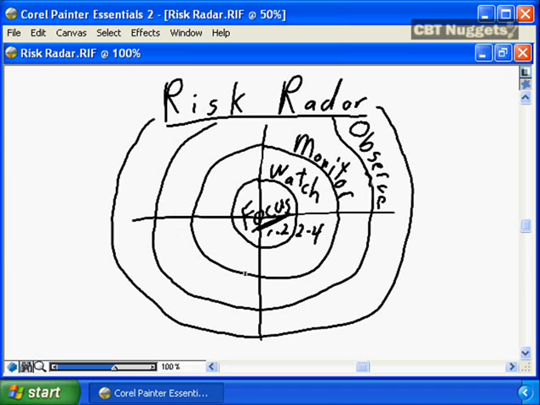We need to monitor the risk events that are even further out, the 5 to 8 weeks. And we need to observe the risk events that are further out on the radar screen. You need to ensure that you're focusing, watching, monitoring, and observing the appropriate risks based on the information in your risk profile.